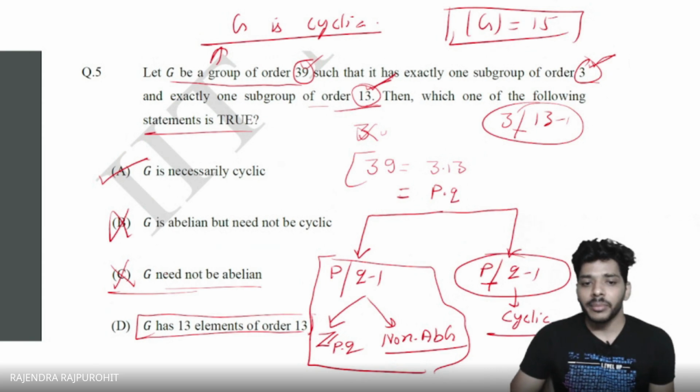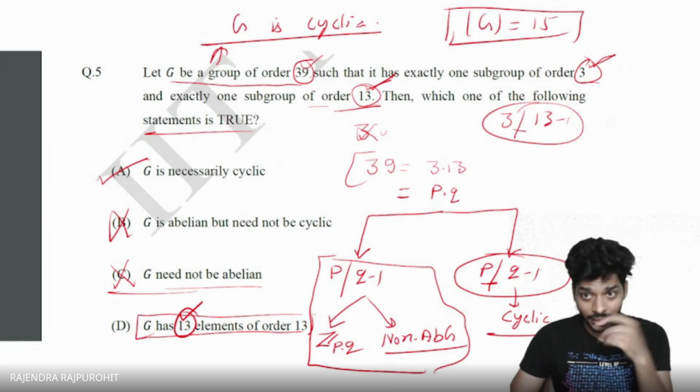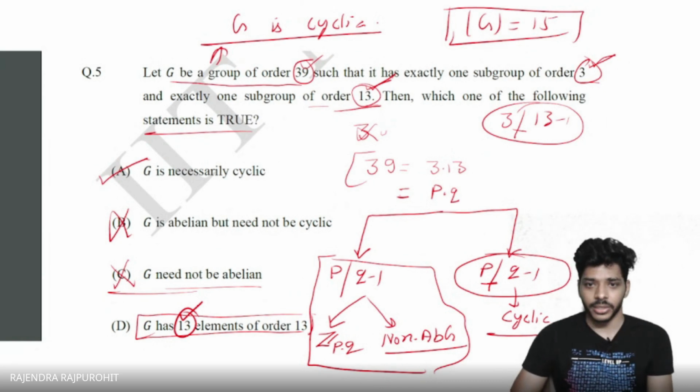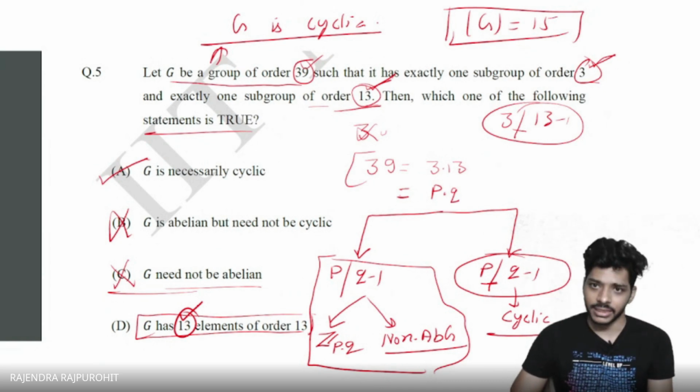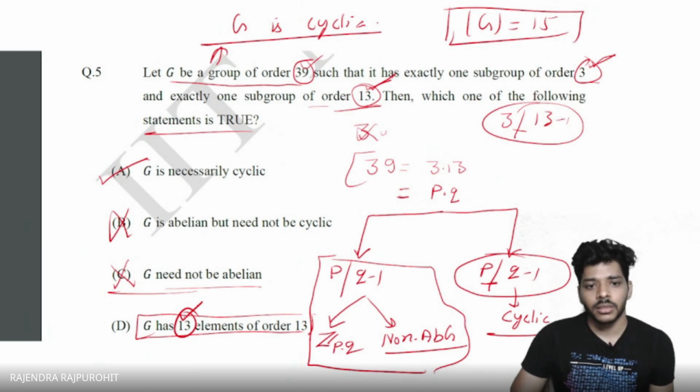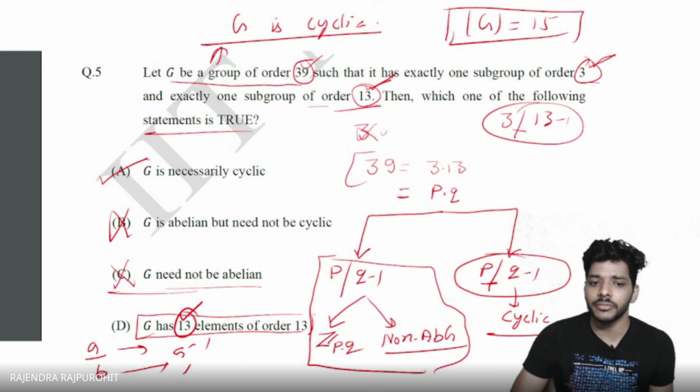If you take an element of order 13, it must have its inverse. So if you have A in your group, then you must have A inverse in your group, right? If you have another element, let's say B, then B inverse also must be there.